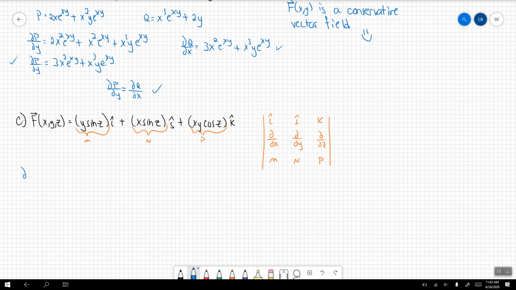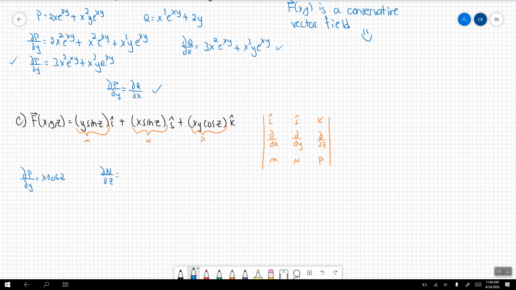The first one's going to be the i component here, so that's going to be the partial of p with respect to y. So the partial of p with respect to y, that's the first one that I'm working with. That's this function with respect to y, which gets me x cosine z. And then the other one that I'm going to be working with is the partial of n with respect to z.